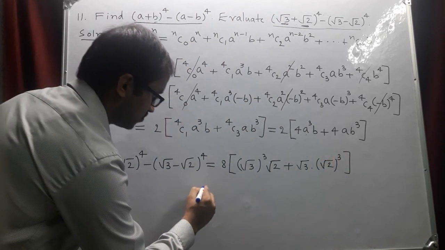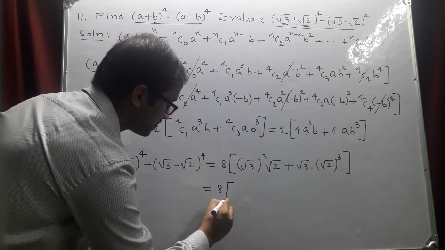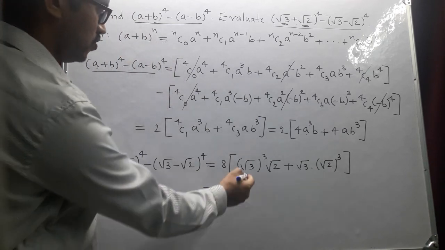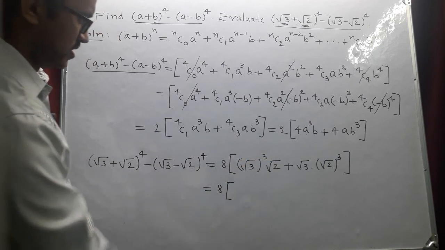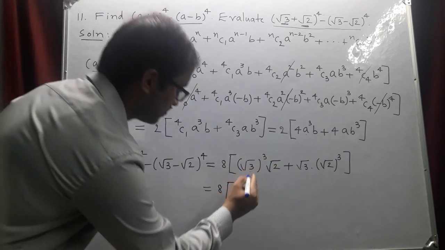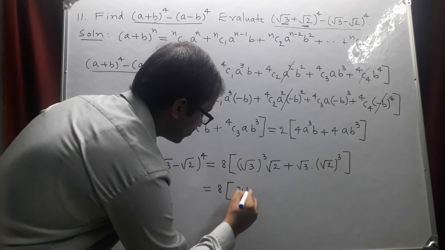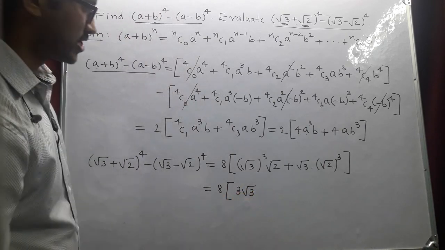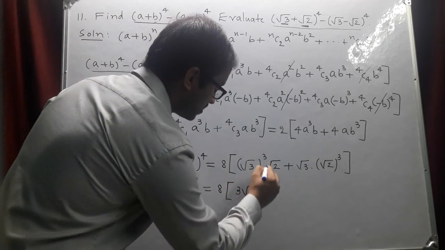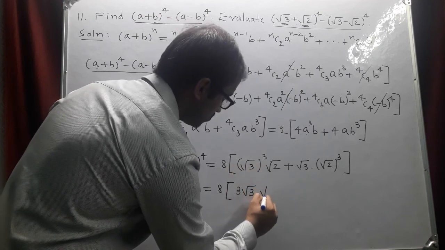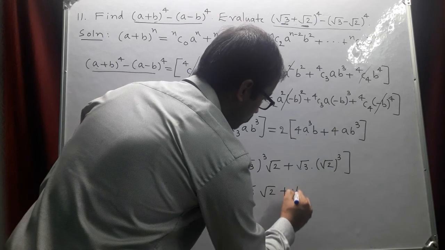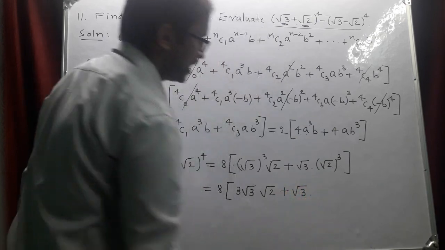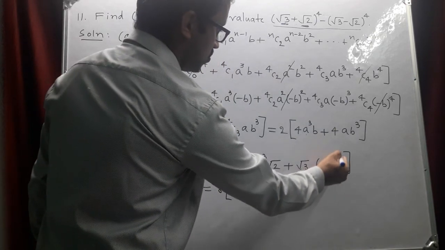So that is equals to 8 times (root 3 whole cube, that is 3 into root 3, into root 2, plus root 3 into root 2 whole cube).